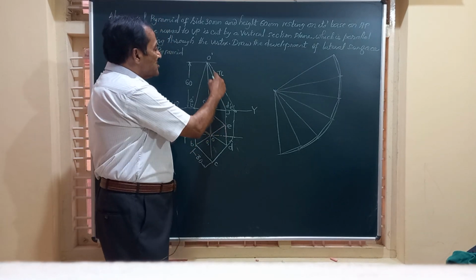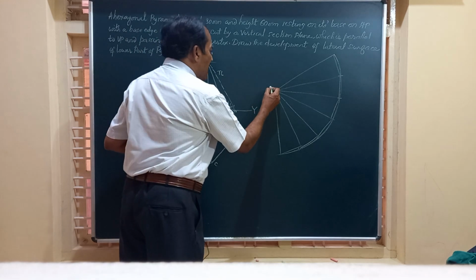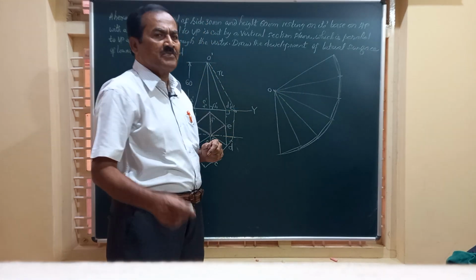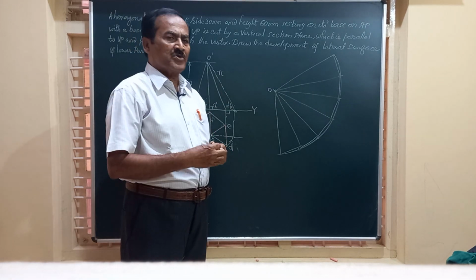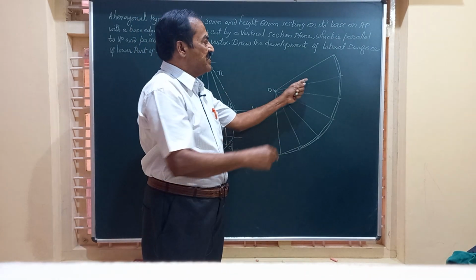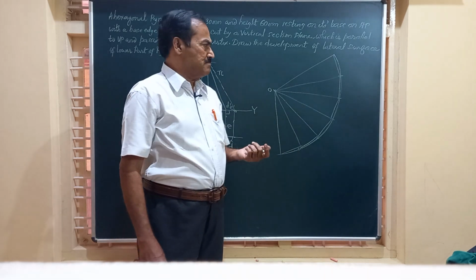So using this true length as the length of the slant edges, I draw the development of this hexagonal pyramid, assuming it is not cut by any section plane. Very obviously, there are going to be 6 triangular faces in the development.